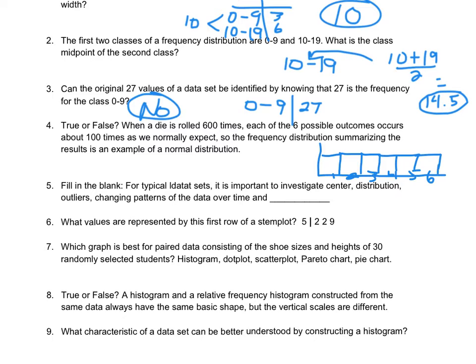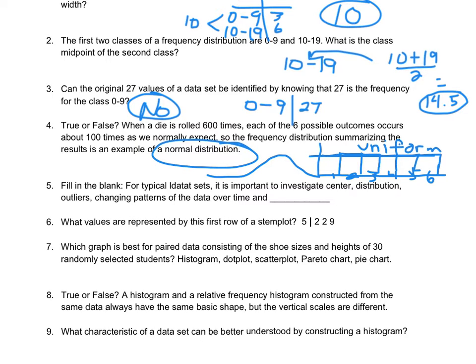Most likely not exactly 100 of each, but the more rolls you do, the closer and closer they will get to equal. Problem is, this is not a normal distribution. A normal distribution resembles the bell curve. This is called a uniform distribution. When the heights of the boxes in a histogram, or the data, is spread evenly and equally across, then we have a uniform distribution, not a normal distribution.